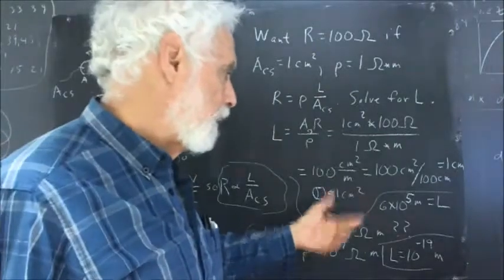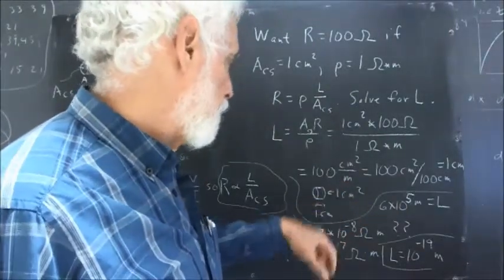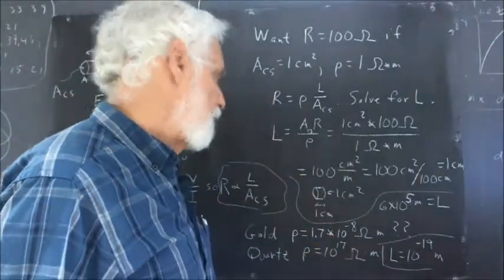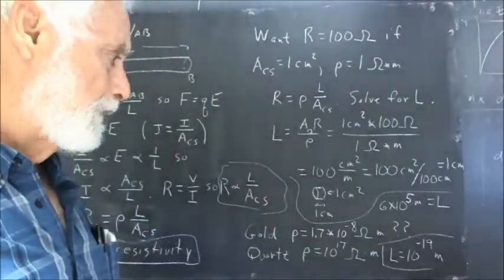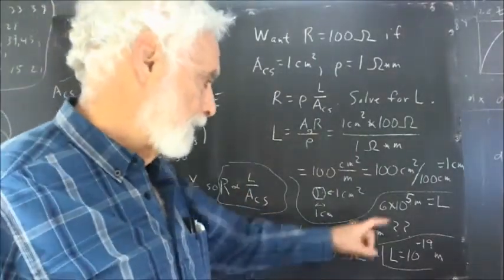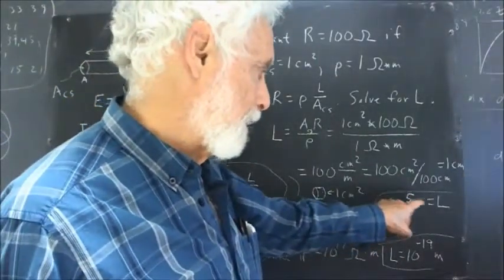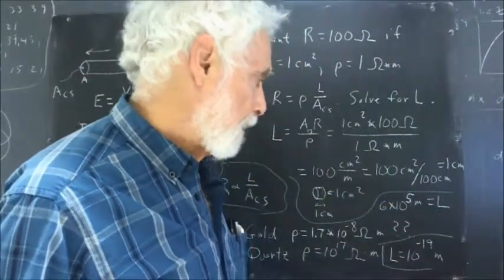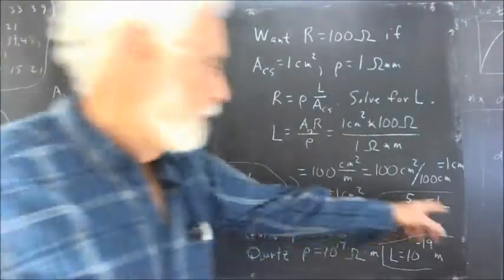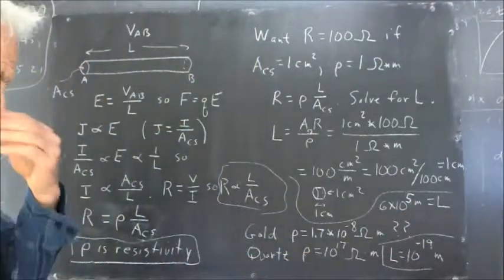The 10 to the 8th would multiply this 1 centimeter length by 10 to the 8th, so we would get about 10 to the 8th centimeters, which would be 10 to the 6th meters, but we're dividing by 1.7, which brings us down to 6 times 10 to the 5th meters. That's the length. I got that by a different calculation when I did it in class, but this confirms it, and that proportionality confirms it.